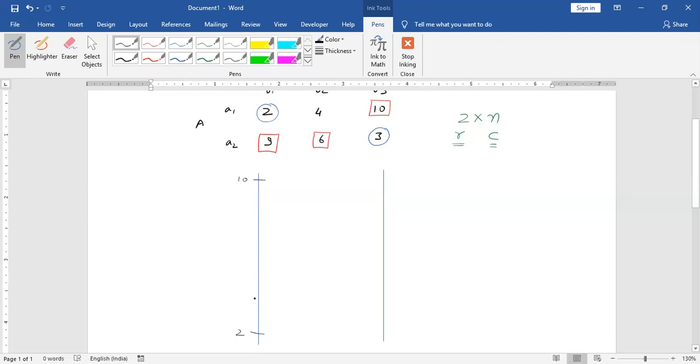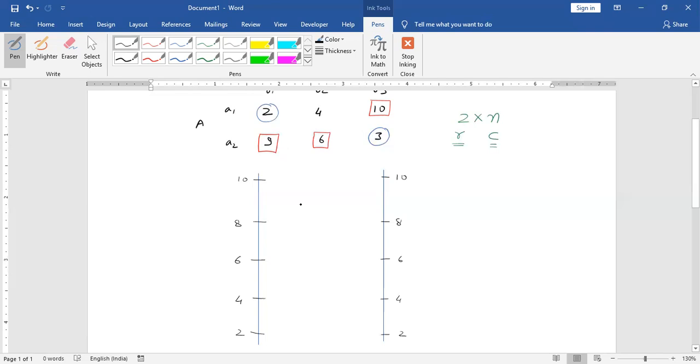Then 4, then 6, then 8, 10, 8, 6, 4, and 2.